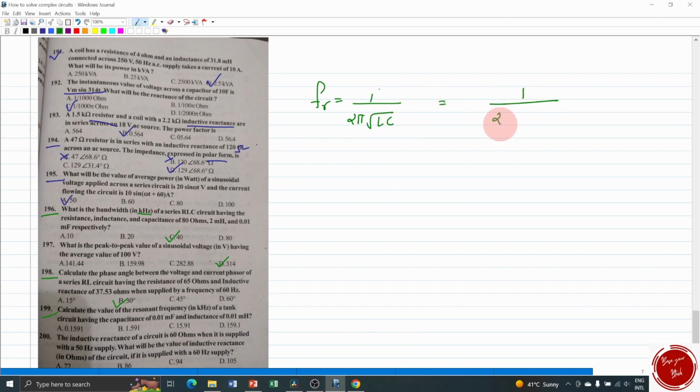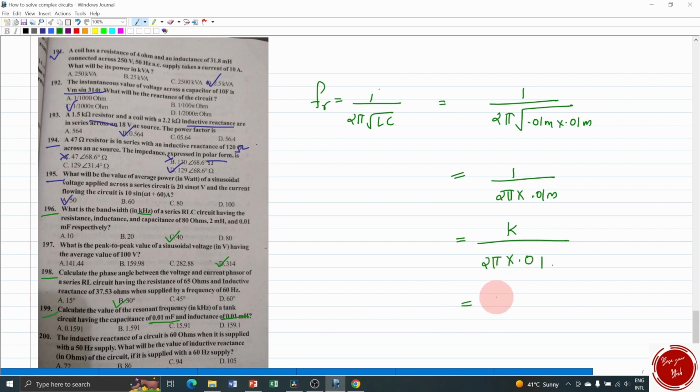So it is 1 by 2 pi into root of L and C. L is 0.01 millihenry and C is also 0.01 millifarad. So 0.01 milli into 0.01 milli, and we need the resonance frequency in kilohertz. So 1 by 2 pi into one set comes out, that is 0.01 milli, and milli when it goes upside, it becomes k.